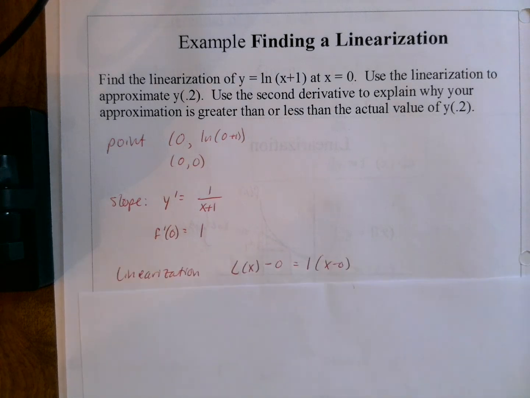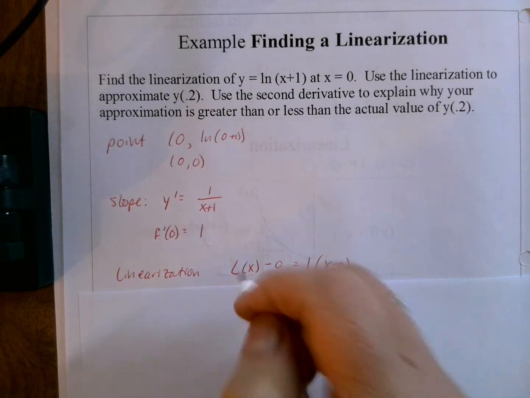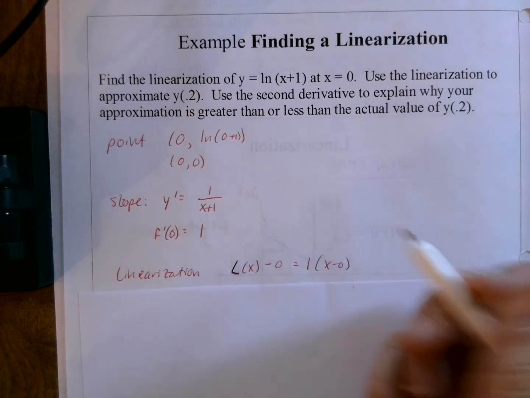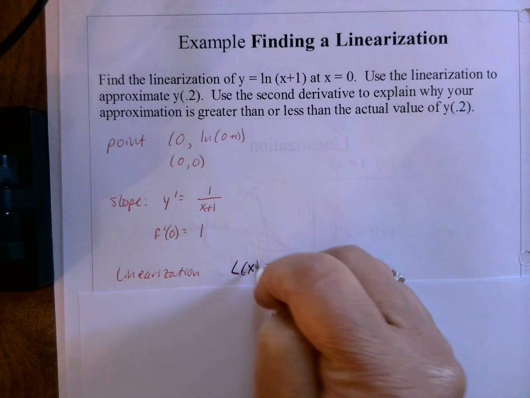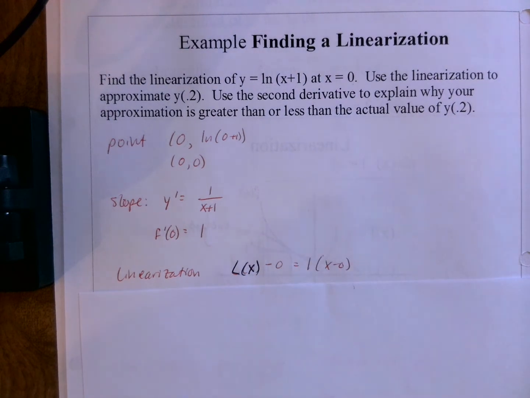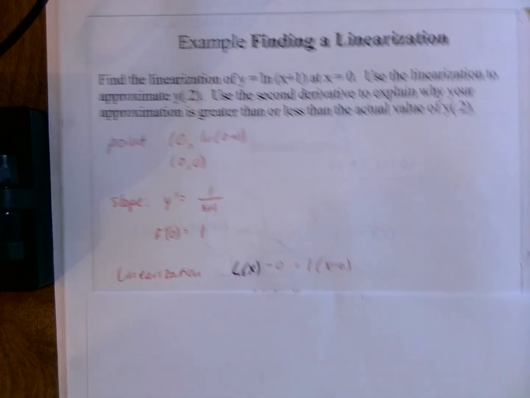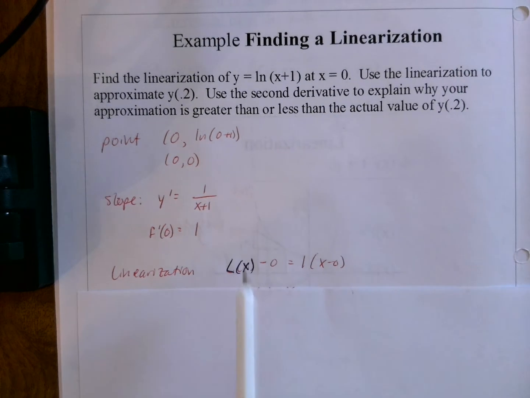So the linearization is, and just to be irritating, instead of saying y, they're now going to say L of x for linearization of x. Okay, fine. L of x minus the y value equals slope times x minus the x value. So our linearization is just x.